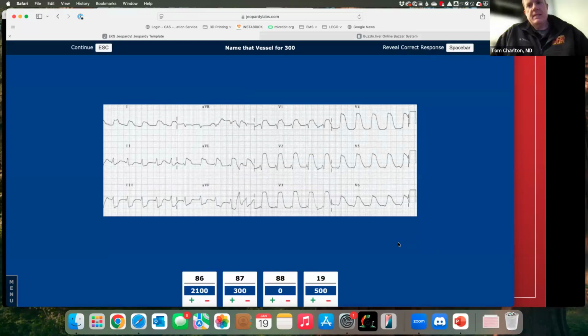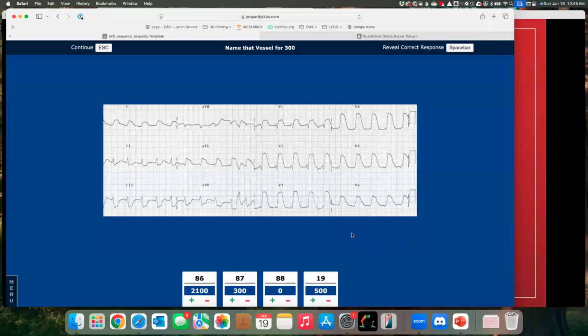Uh-uh. 19s. Time. What's inferior? Is that what they're asking? Yeah, it's named that vessel. Oh, the vessel. Oh, inferior. What was your answer? Right coronary. What is the right coronary artery? No.